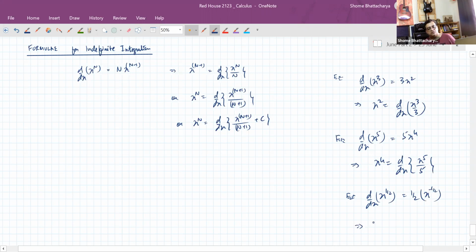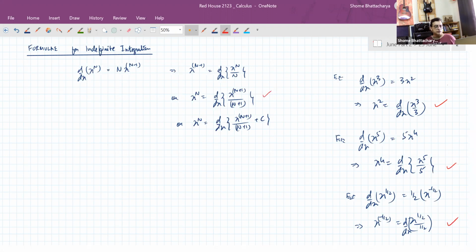So that means x to the power minus half can be written as differentiation of x to the power half divided by half. So all of these examples, you can see, fit this formula. And adding the constant makes no difference because you know differentiation of a constant is 0.